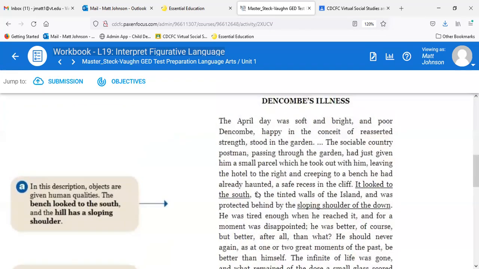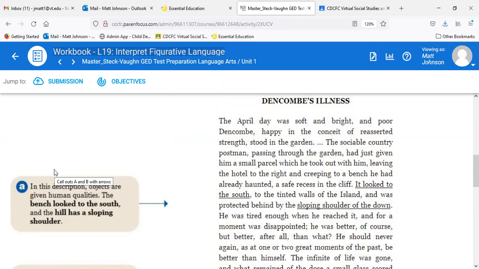So under our first underlined sections here, in this description, objects are given human qualities. It looked to the south. Talking about the creeping to a bench, he had already haunted a safe recess. It looked to the south. Benches don't look, right? Or facing south. It's just positioned where it is.